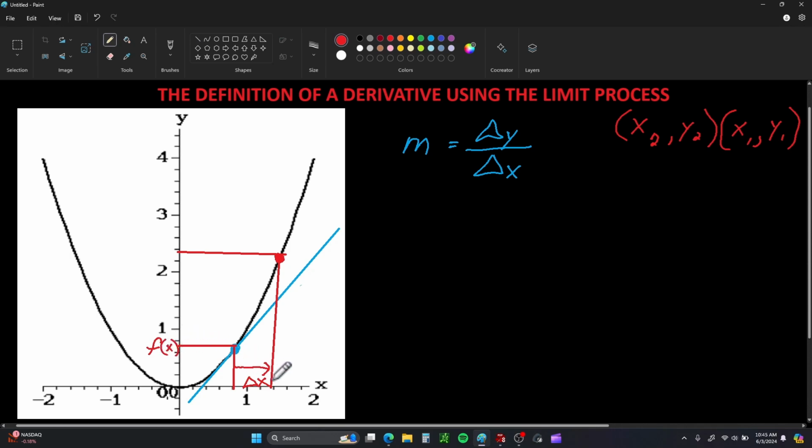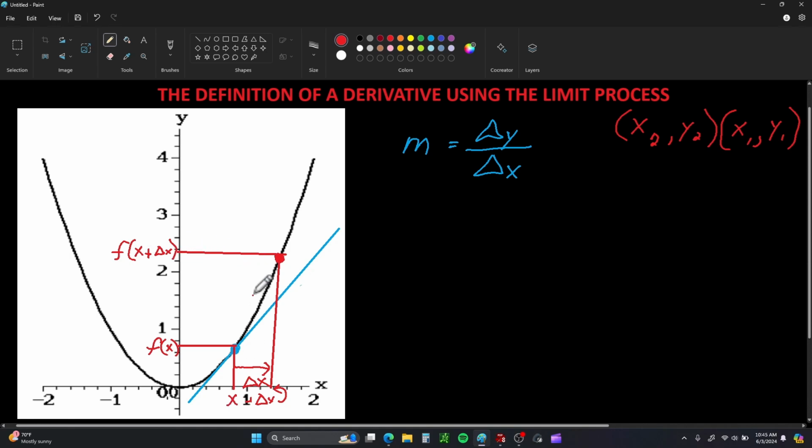And for this one, this is the x number plus delta x to give me the x coordinate. And since this is x plus delta x, then this over here would be f of x plus delta x.